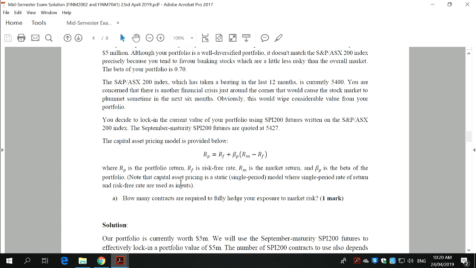It's a single period, one-shot asset pricing model, so all the rates that you plug into the CAPM should not be continuous. The single period rate should be plugged in. A lot of people first converted the risk-free rate into a continuous rate. That's wrong. You shouldn't convert that, because it's a static model.